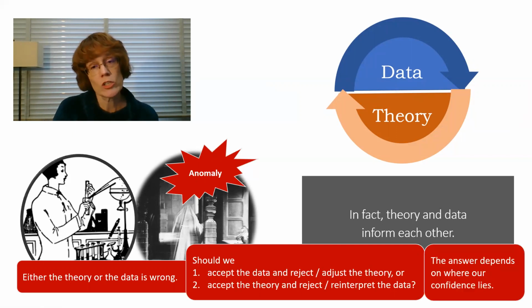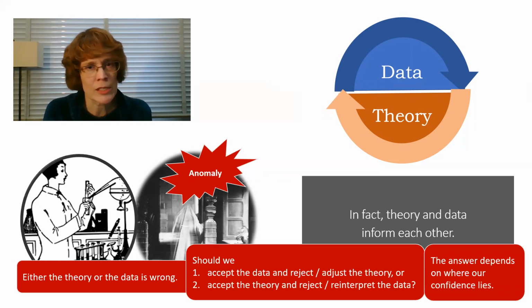The answer really depends upon where our confidence lies. Are we more confident in the theory, in which case we should think there's something wrong with that anomalous data? Either it didn't happen at all, or we are not properly interpreting it. Or are we more confident in our anomalous observations than in our theory, in which case we should reject or, more likely, adjust the theory in order to accommodate that data?